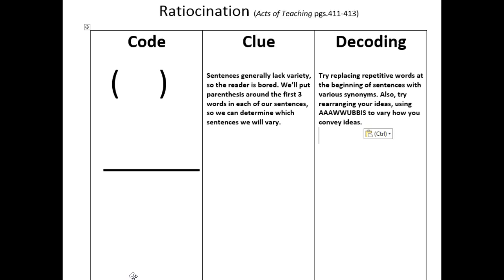Next, we're ready to take a look at revising for diction. Many times in our writing, we use words that are not the most expressive or the most descriptive words. So what we want to do is utilize a variety of words that convey exactly what we want to say in a way that engages our reader.